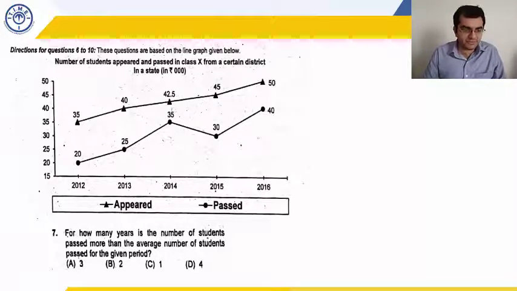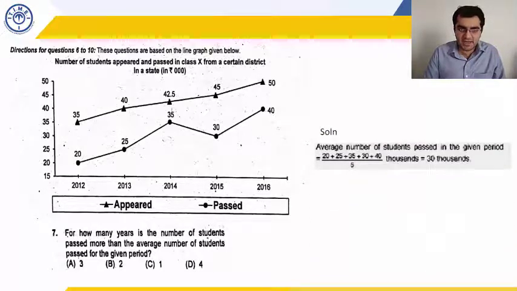First we find out the average number of students who passed. The average will be simply add all the circles and divide by 5, and that turns out to be 30,000. 20 plus 25 plus 35 plus 30 plus 40, that is 30,000.